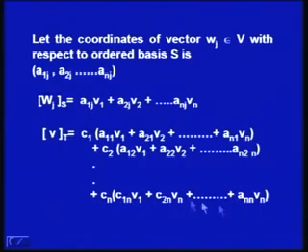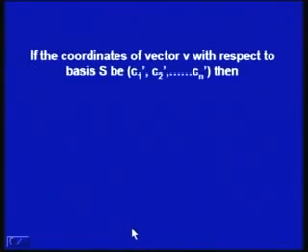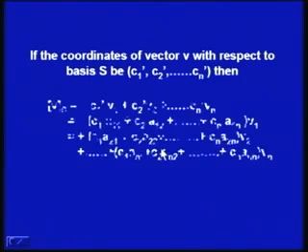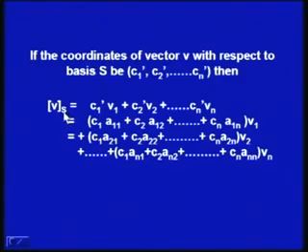So Vt is expressed as this. Now if the coordinates of vector V with respect to basis S are C1 dash, C2 dash, Cn dash, then V with respect to basis S will be C1 dash V1 plus C2 dash V2 plus Cn dash Vn, and this is equal to what we have written earlier, C1 A11 plus C2 A12 plus Cn A1n times V1, V2 and Vn, a linear combination of V1, V2, Vn.